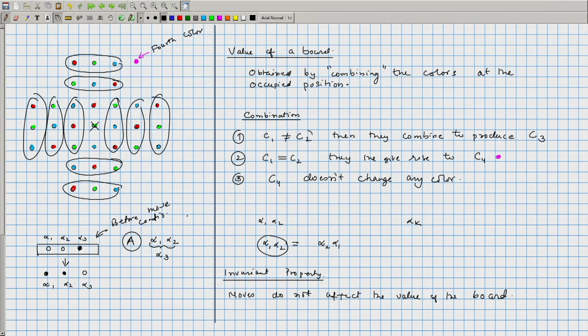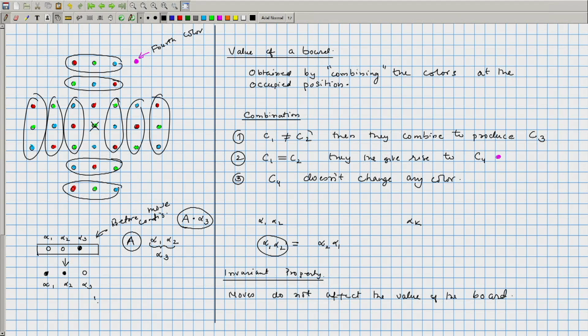So the initial value is A combined with alpha 3. So I will write it as A followed by alpha 3. Okay. So this is the initial value, and after the move these two positions are unoccupied, whereas the other positions remain unchanged, and alpha 3, which was initially an unoccupied position, now becomes an occupied position.